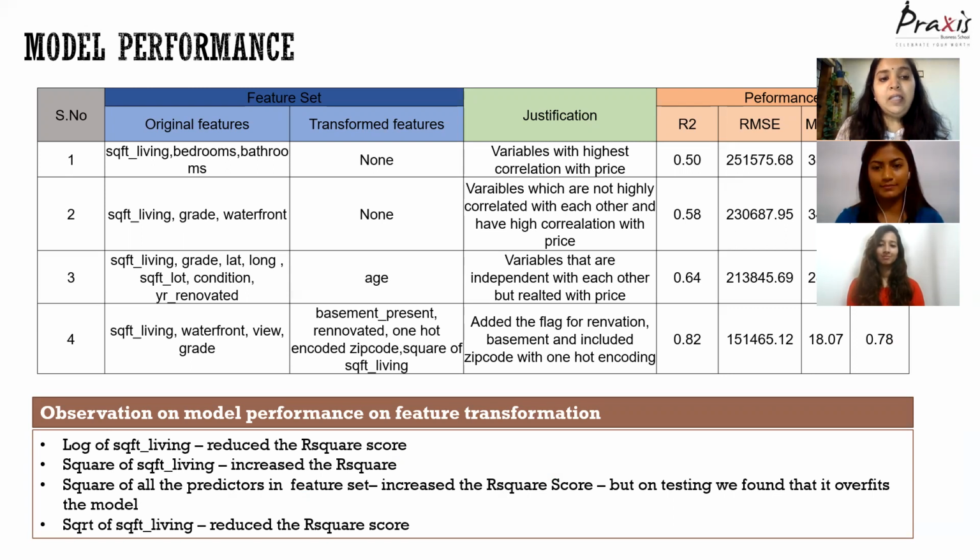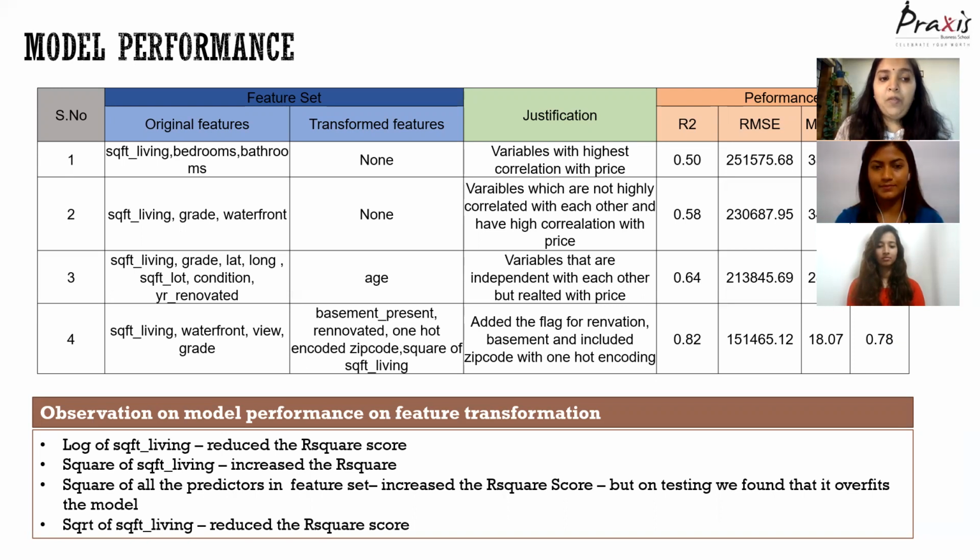With that, we tried some feature transformations as well, like taking the log of square feet living, which in fact reduced our R square score, which is quite obvious because it reduces the impact of the highest correlated feature. We did the square of square feet living, which increased our R square score, and we added that in our final feature set.